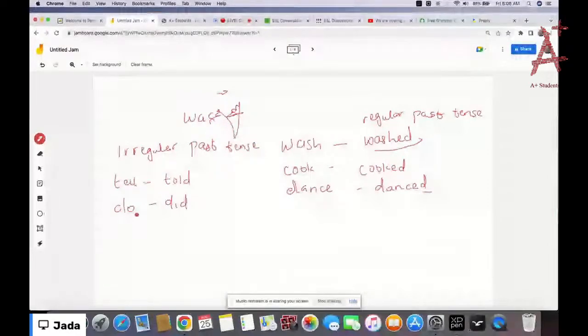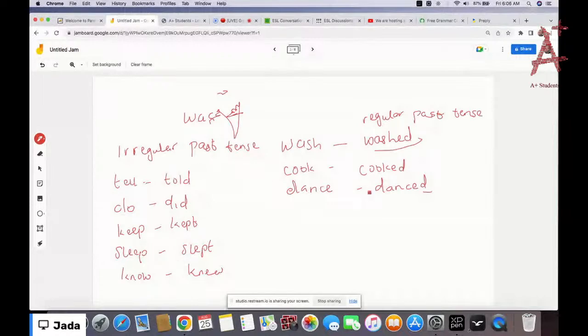You have keep, kept. You have sleep and slept. Know, knew. Okay, so that's it. This is what we're talking about. This is what the irregular past tense are.